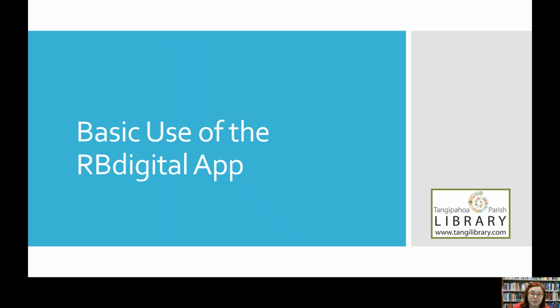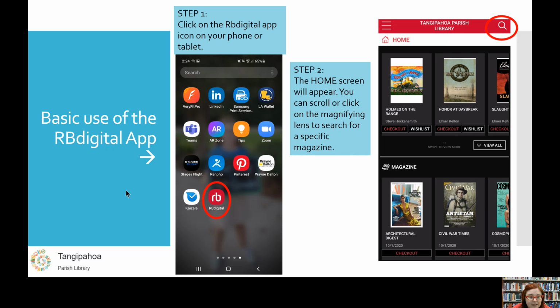Let's talk about some basic use of the RBdigital app now. Alrighty, so first you will click on the icon on your phone or tablet, and the home screen will show up. You can scroll or click on the magnifying lens in order to search for a specific magazine that you are interested in.